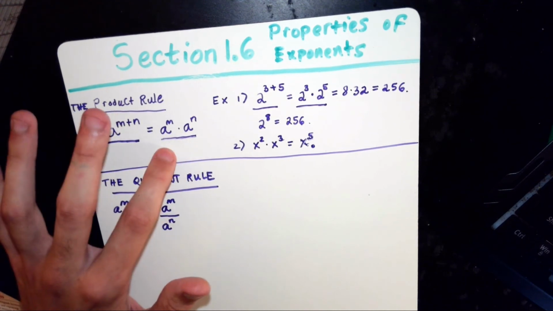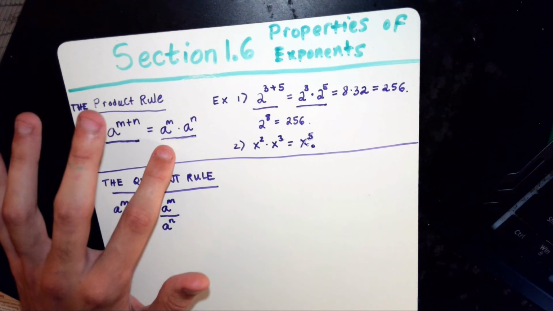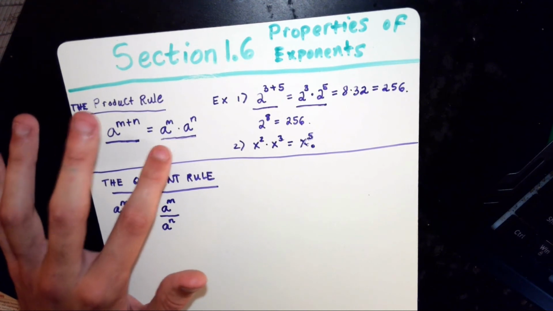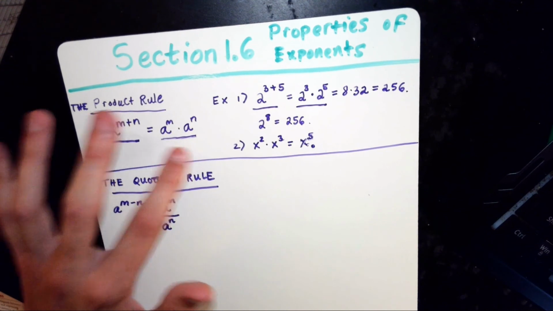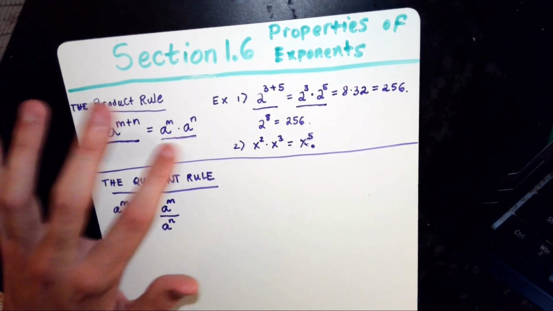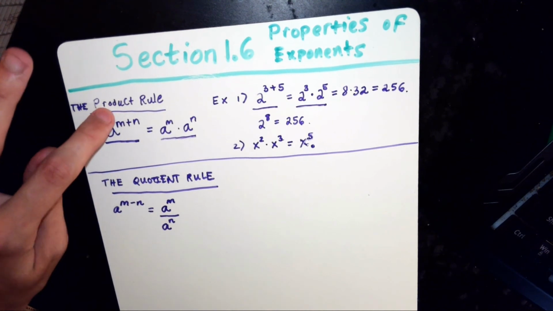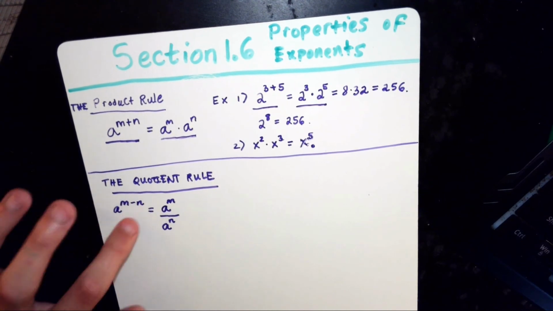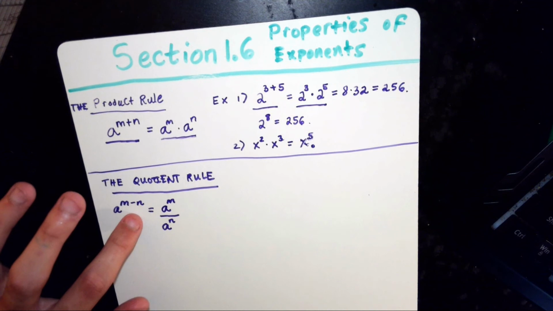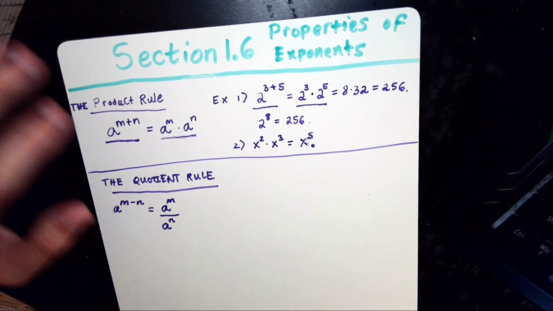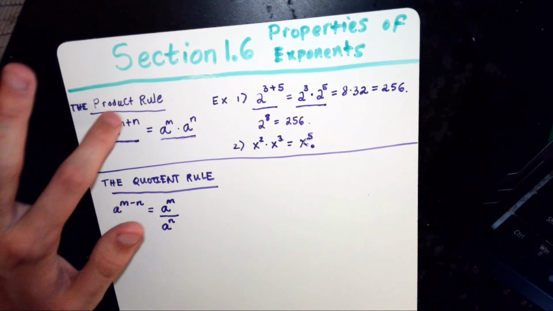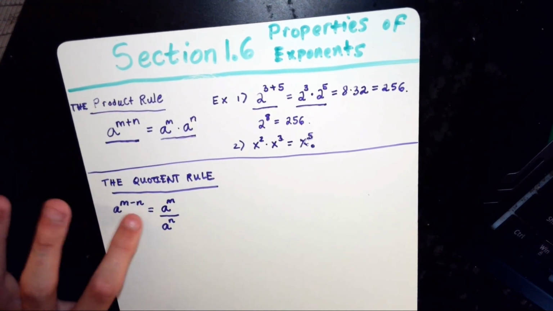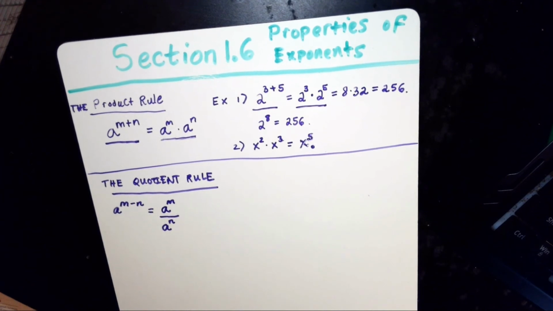When you multiply these bases together, where you have the same base a, you add the exponents. So multiplication becomes addition in the exponent. Here, dividing a to the m by a to the n turns into subtraction. So there's that parallel between multiplication converting into addition and division converting to subtraction. And it's no accident that it works out this way. It's because of how we define exponentiation and everything like that.